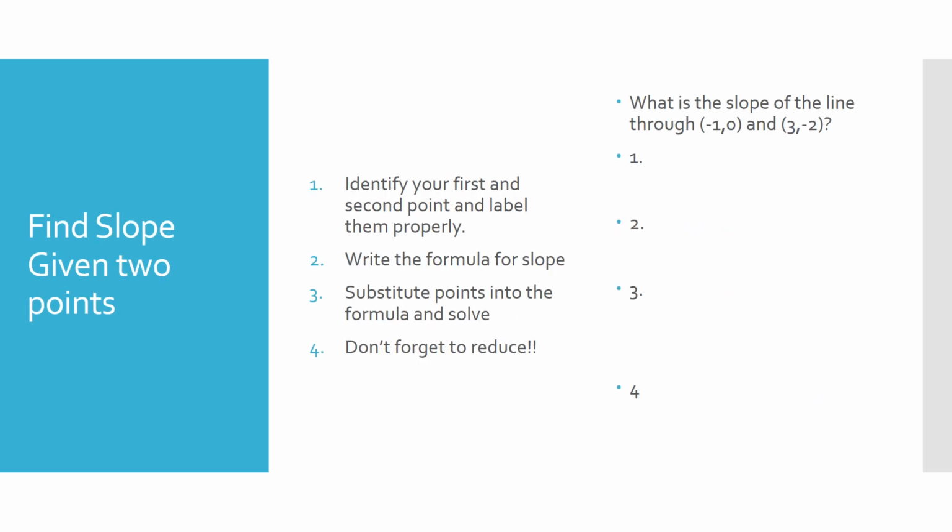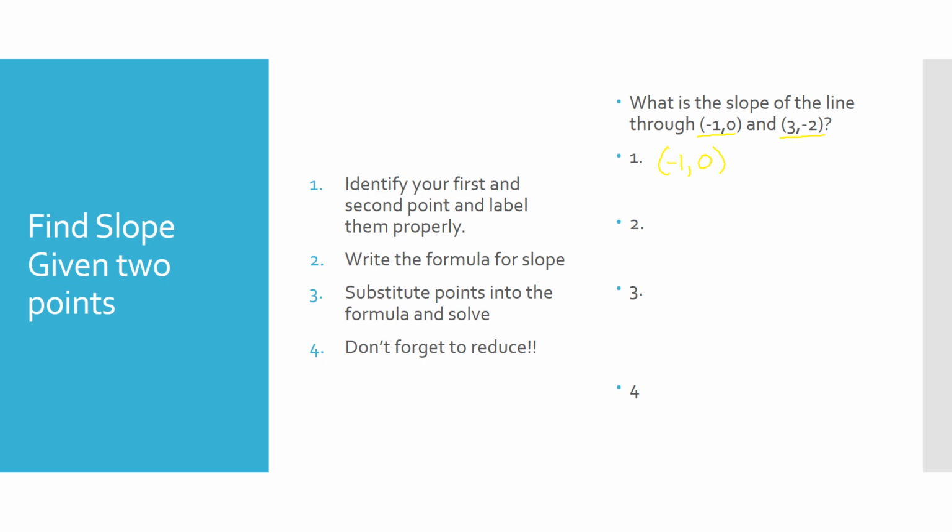Okay, so now we're going to be given 2 points and we need to find the slope. So the first thing we're going to do is identify our first and second point and label them properly. So you see here, what is the slope of the line through -1, 0, and 3, -2. So I'm going to label these. What we mean by labeling is labeling them x1 and y1.